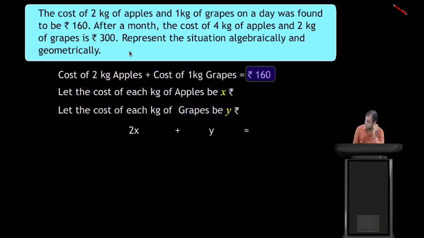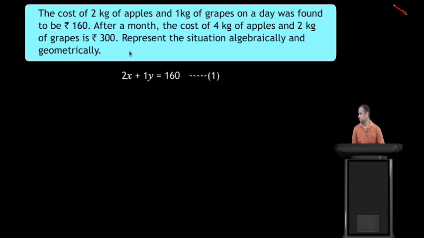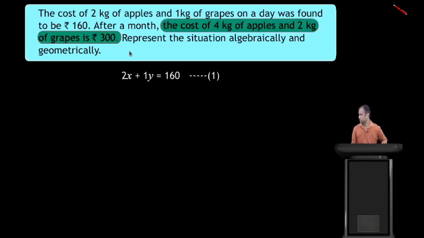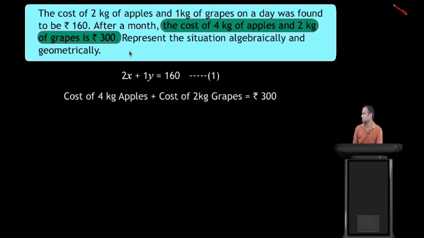So the first situation is represented by 2x plus y equals 160. For the next one, the cost of 4 kg of apples and the cost of 2 kg of grapes is rupees 300.